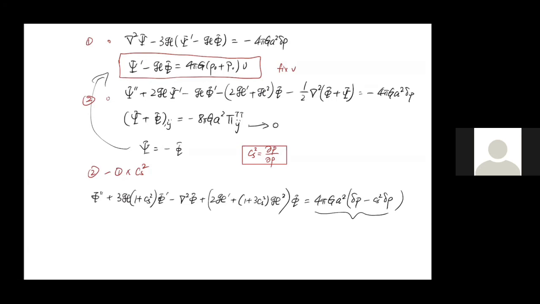So for adiabatic matter, when delta P is just CS squared delta rho, this term is 0. We do not have any source term for adiabatic matter. For instance, if we are working with one single component of perfect fluid, then we do not have this term. Everything is very much easier to solve.